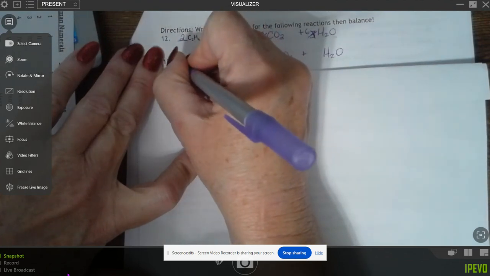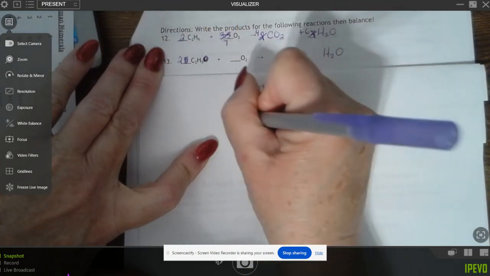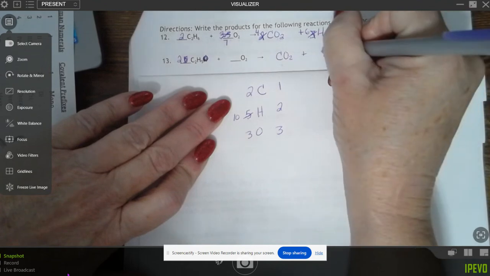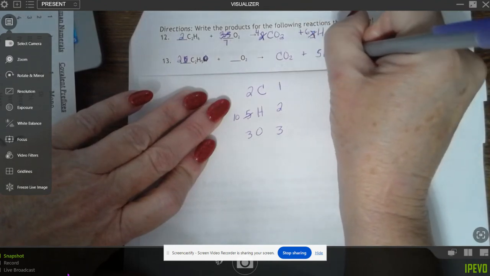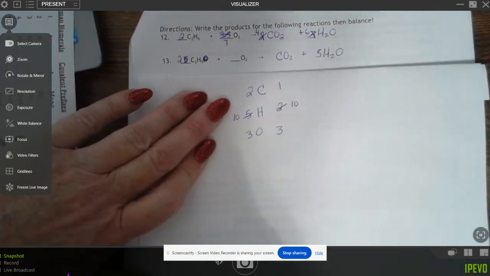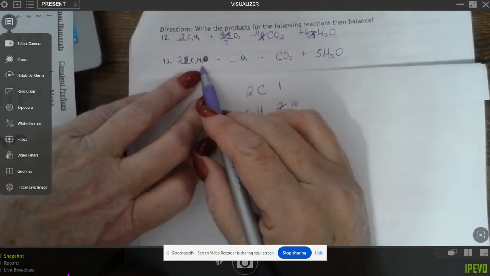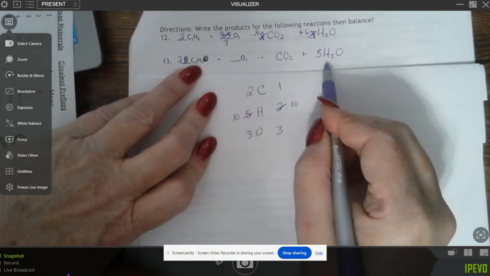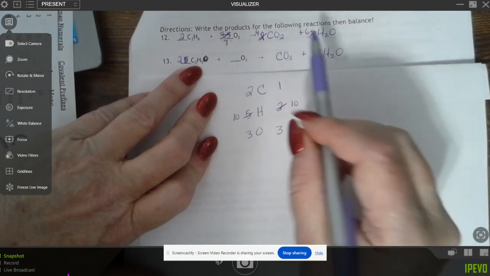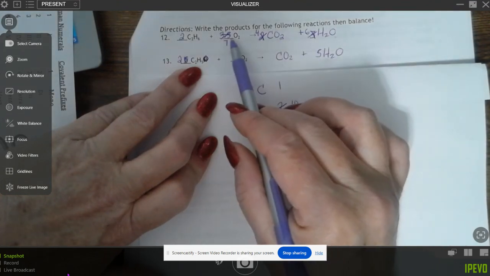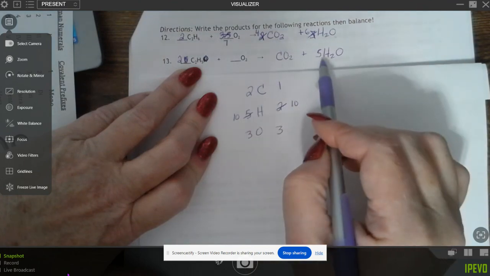I'm going to put a 2 here. 2 times 5 gives me 10 hydrogen. And then I'm going to put a 5 here. 5 times 2 is 10 hydrogen. I did that because I noticed right off the bat, 5 hydrogen and 2 hydrogen, that's not going to work. We didn't have to do the double thing like we do with oxygen because hydrogen's only in one of the compounds.